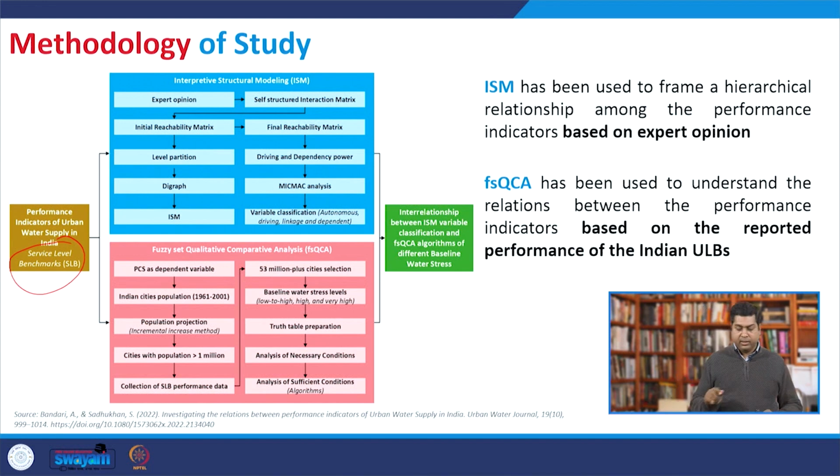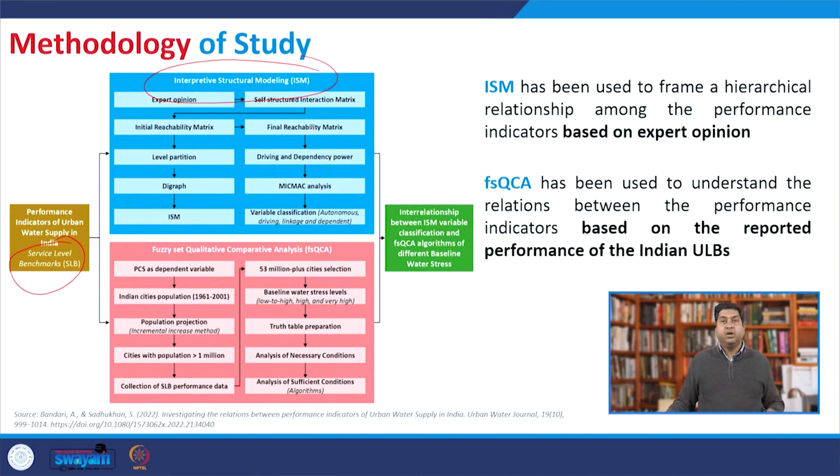The first approach, as I already mentioned, was an expert opinion based survey. For that, we have used a method called interpretative structural modeling, or ISM, where expert opinions are converted to a self-structure interaction matrix. From that interaction matrix, we go for the initial reachability matrix, and from there the final reachability matrix.